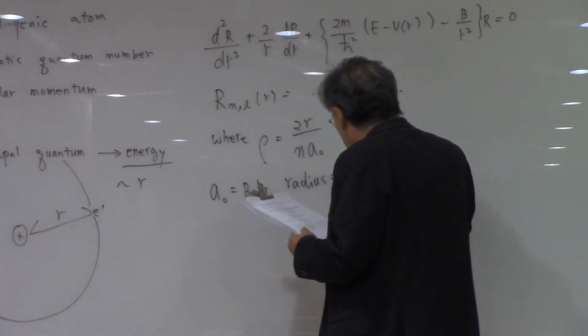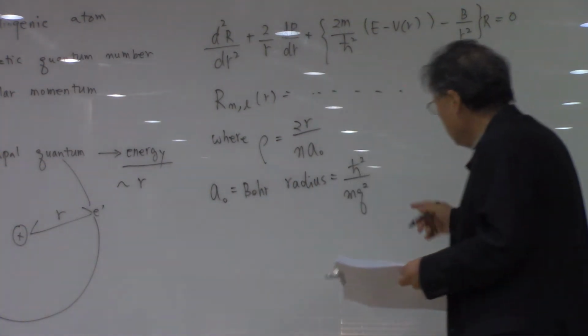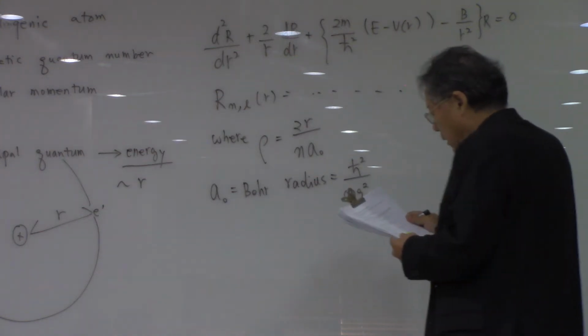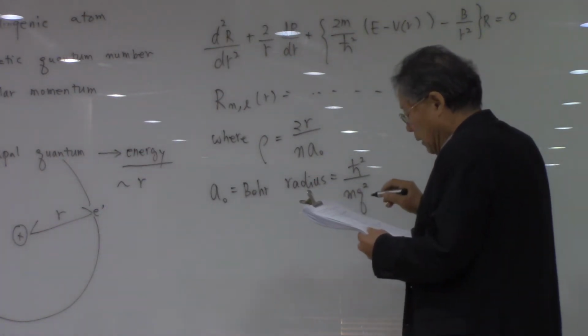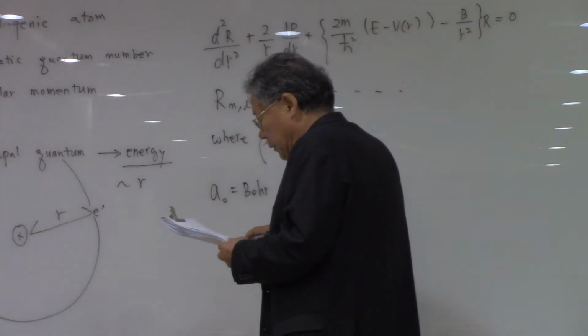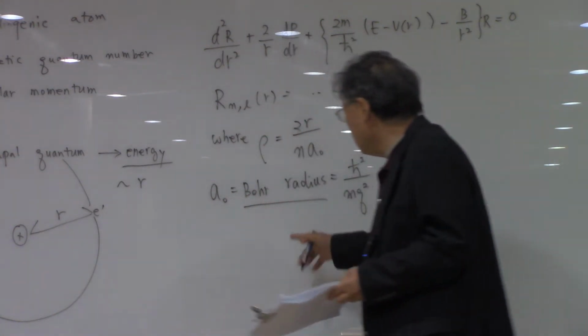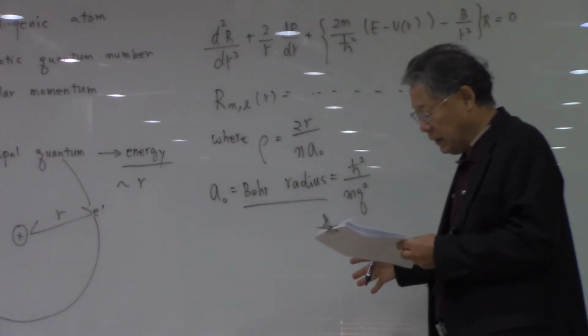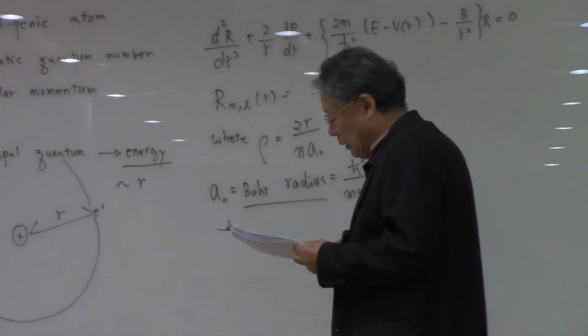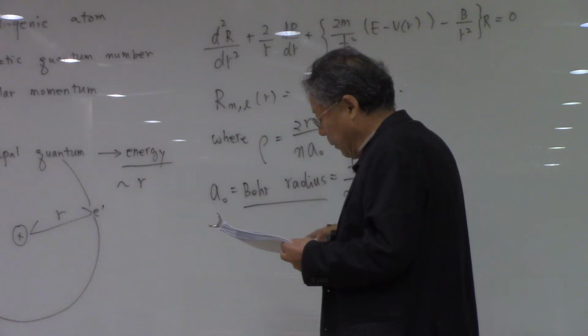The Bohr radius is the radius of the ground state of a circular orbit.